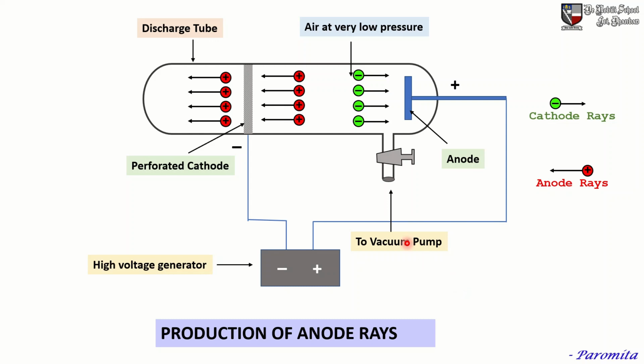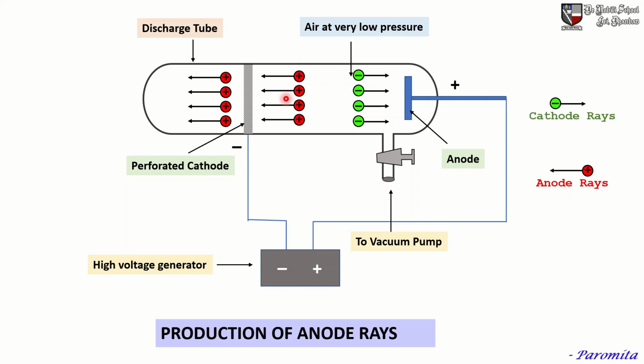Goldstein repeated the cathode ray experiment using a perforated cathode. He observed that there was a glow on the wall opposite to that of the anode. So, some rays must be traveling in the direction opposite to that of the cathode rays, that means from the anode to the cathode.